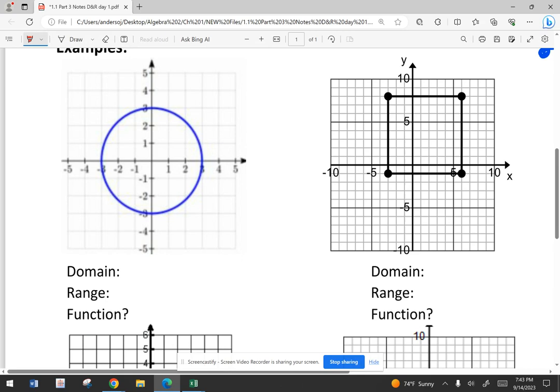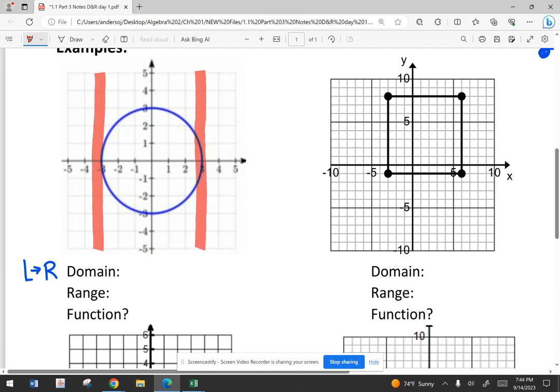So remember, the domain is going to go from the left to the right. So we're going to take our marker or our colored pen and draw a line that's on the farthest left and the farthest right of that graph.